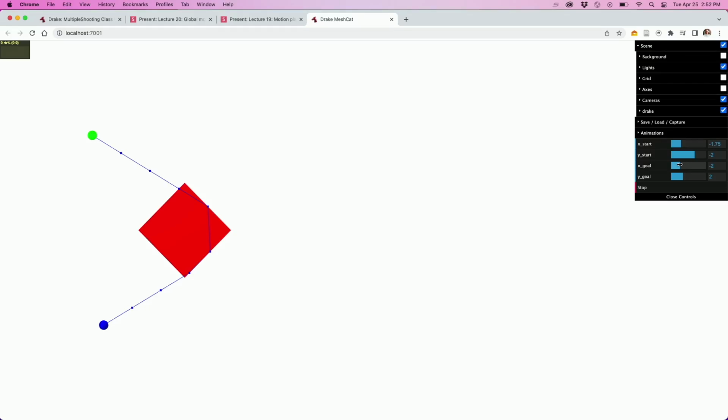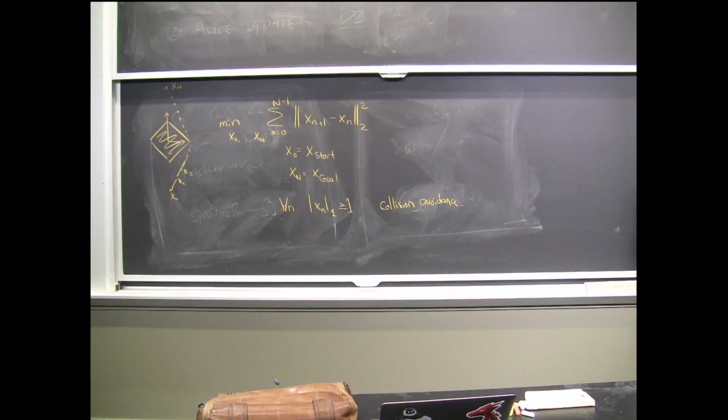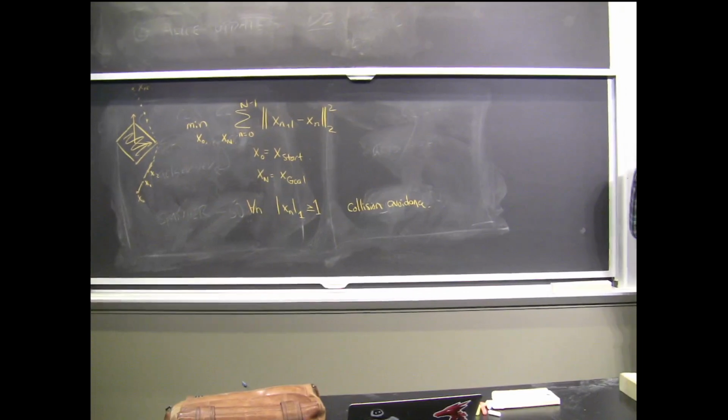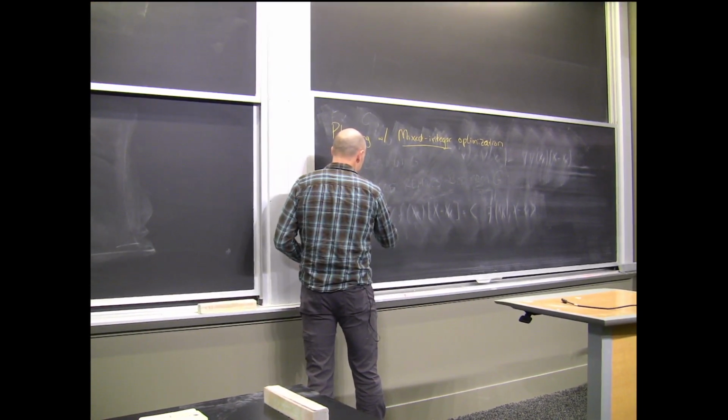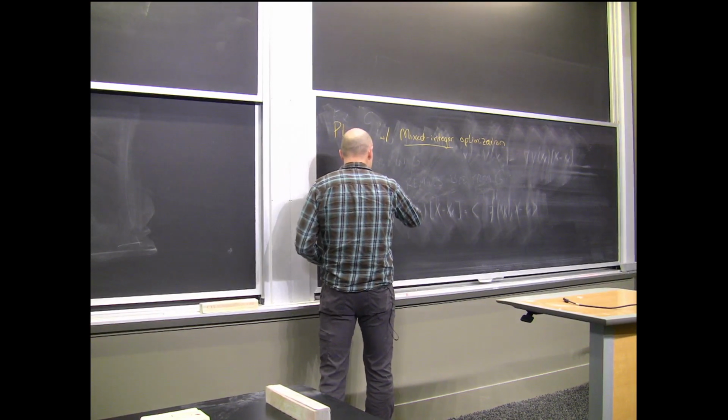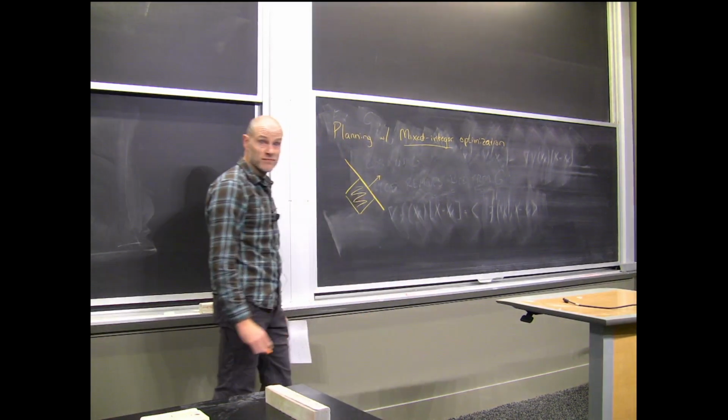Okay, I'll write the simple version first, and then we'll back up and explain what mixed integer as a class of problems is. Okay, so what if I instead wrote the constraint that just says I'm outside this space?